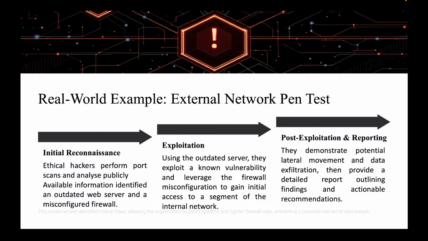We will go through it again. For example, what ports are open. If I'm an ethical hacker, I can scan the company's public IPs to see what ports are open, what services are running, what information is publicly available.